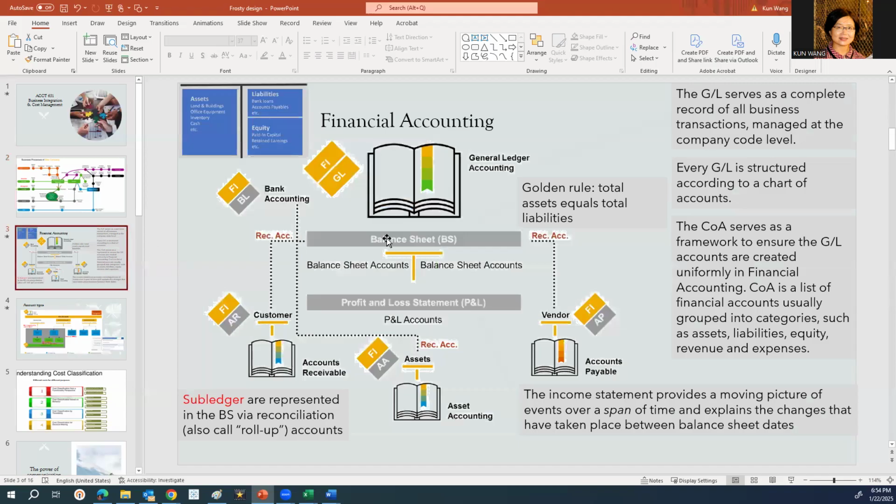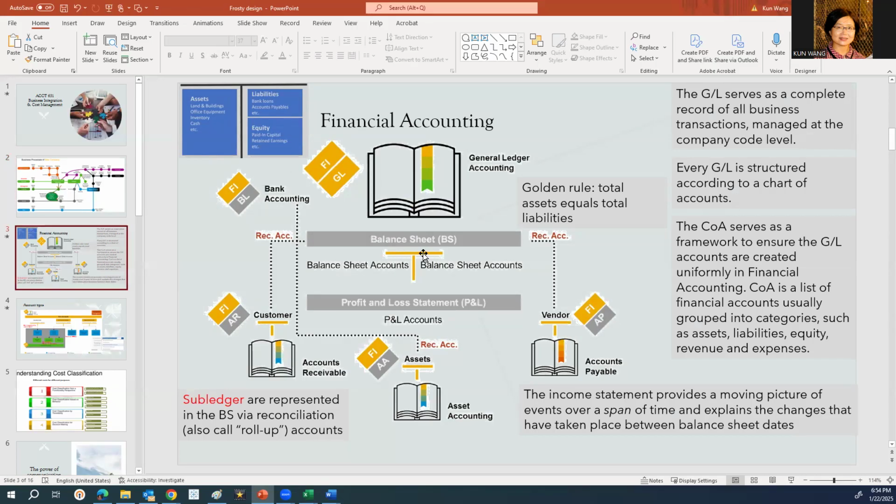And then the next slide is a more detailed structure of the financial accounting setup in the SAP system. Under financial accounting, we have balance sheet accounts, right? The balance sheet accounts will help you capture all of the data affecting your assets, liabilities, and shareholders' equity if you are a public company.